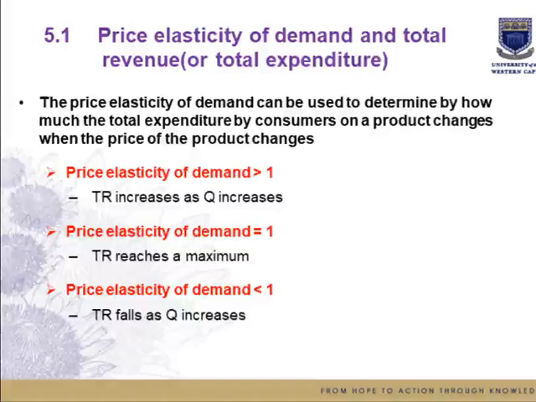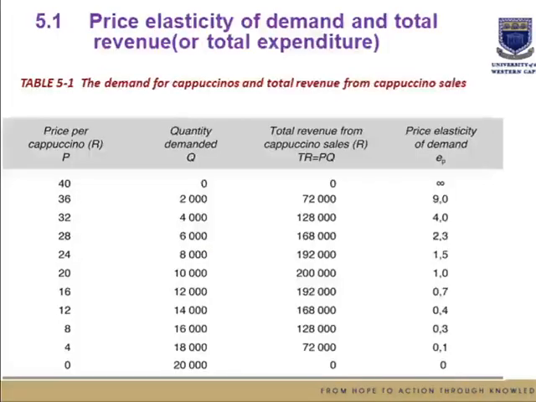Lastly, when a price change leads to a proportionally smaller change in the quantity demanded, then total revenue will change in the same direction as the price change. Therefore, these relationships offer business people crucial information for efficient pricing of products in a bid to maximize profits.